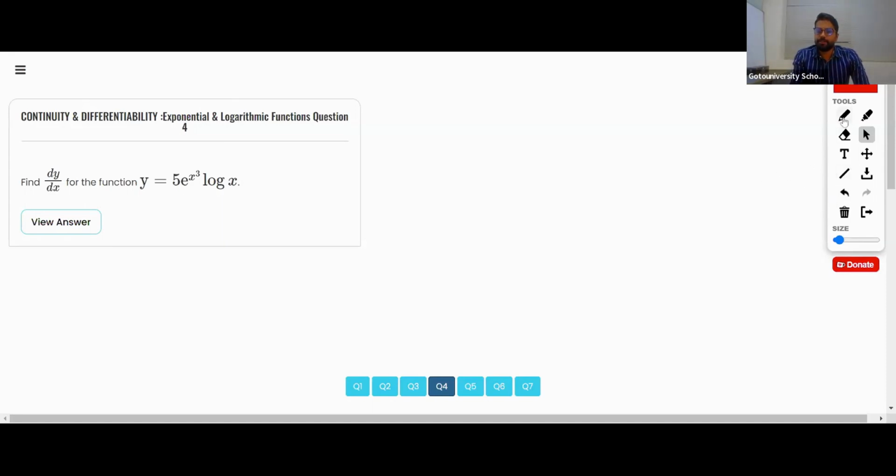So this is y is equal to 5 into e power x cube into logarithm of x. The product of 2 functions is there. So we have to make use of what rule? Product rule. What is the product rule? Product of 2 functions u and v. If you want to differentiate, you will differentiate one of them first, and the other one remains as it is.